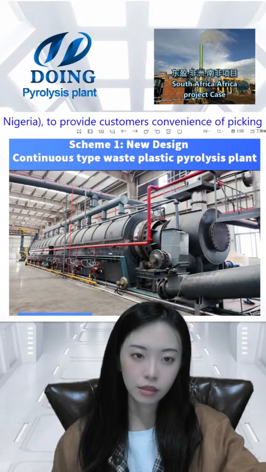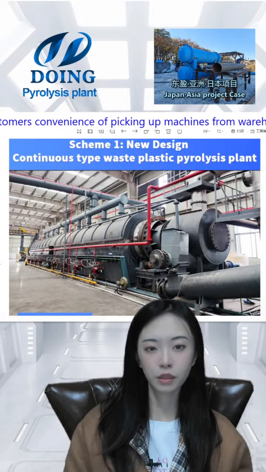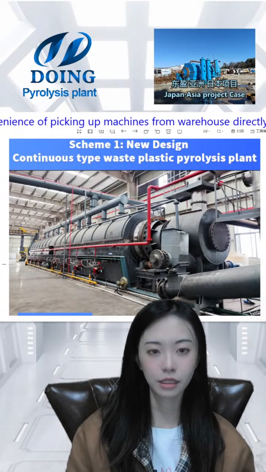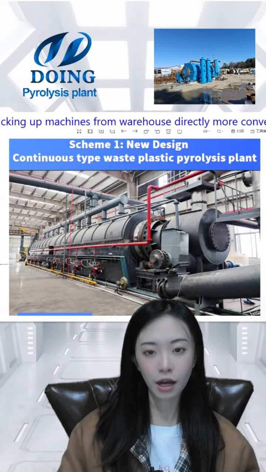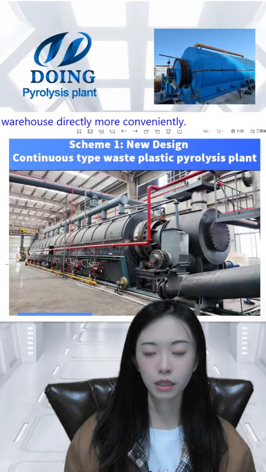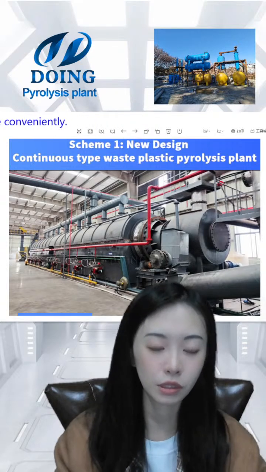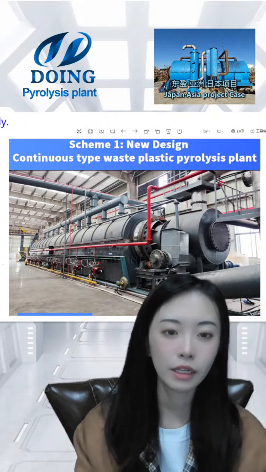Here is the first equipment that we have, the continuous type waste plastic pyrolysis plant. It has the highest efficiency and the biggest capacity, and can work for 45 to 60 days, 24 hours without stopping.